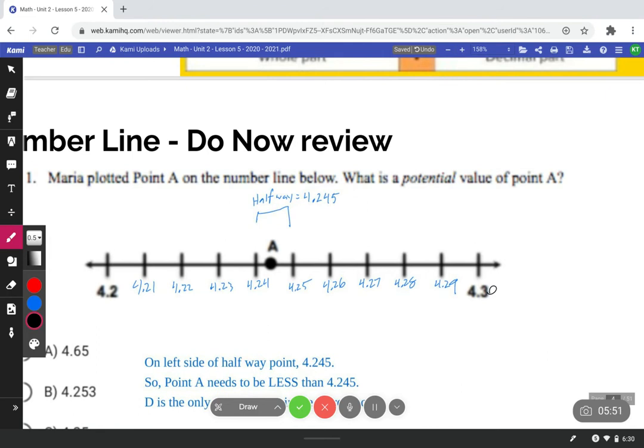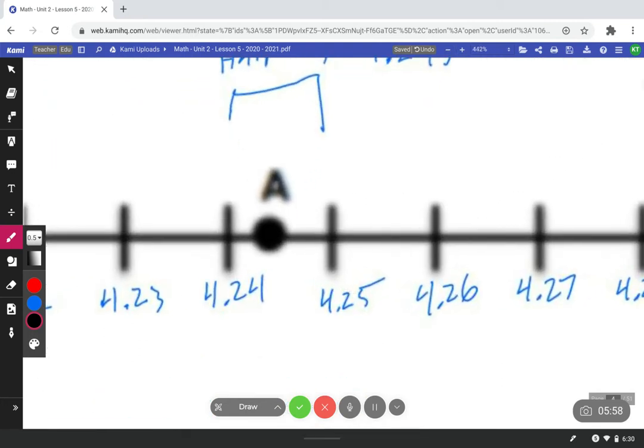So I'm trying to figure out what could be the possible value for A. And I see it's in between 4 and 24 hundredths and 4 and 25 hundredths. Well, let's make life easy. If I did 4 and 24 hundredths times 100, that would become 424.